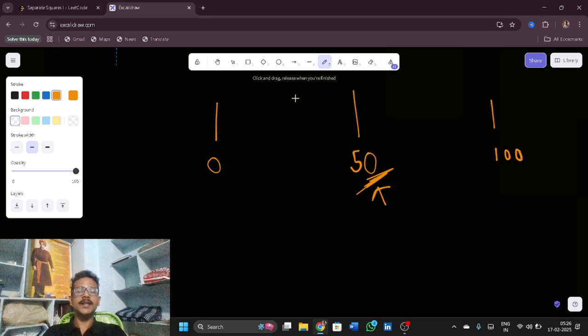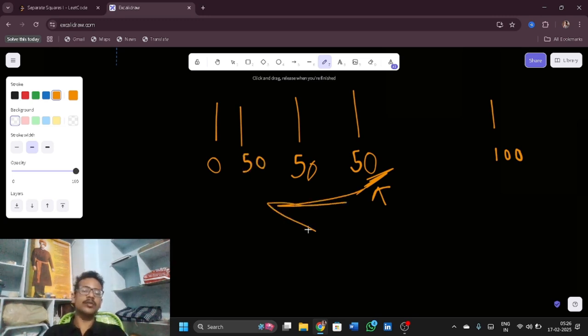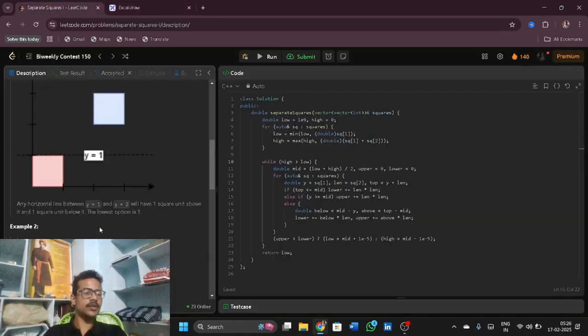But there is a case that 50 can also be here, and I also go through the left. So if I search for something like 50, then I'll return at this point initially. That's the case where someone gets the error.